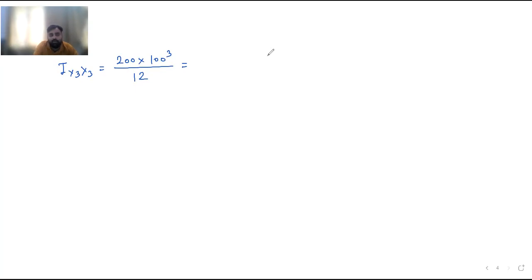It is 16.67 into 10 raised to 6 mm raised to 4.